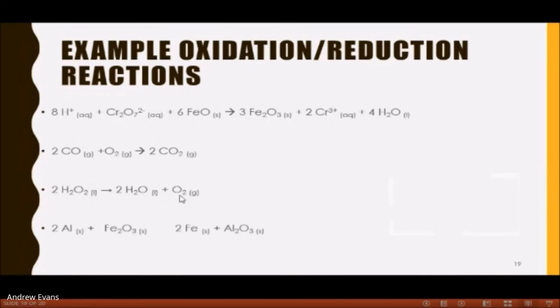So it's going both up and down at the same time. They're splitting apart. Then finally, aluminum plus iron oxide goes to iron and aluminum oxide. Pure element, there has to be a redox. Anytime you see a pure element, you should be thinking redox.